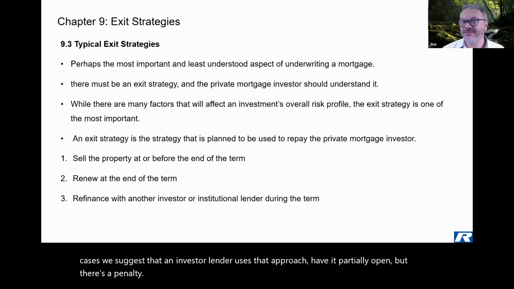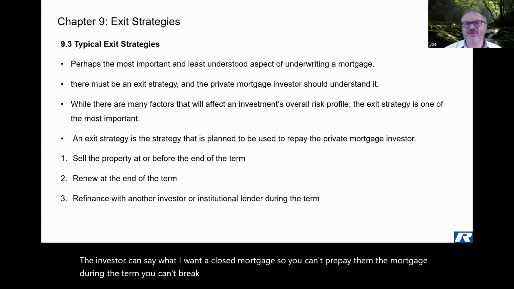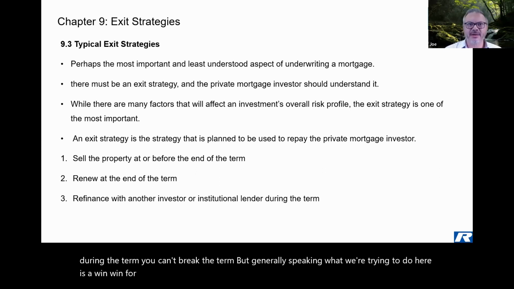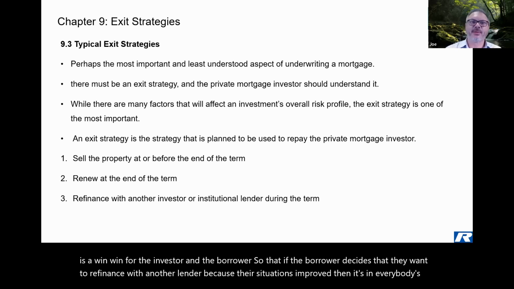The investor can say, you know what, I want a closed mortgage, so you can't prepay the mortgage during the term, you can't break the term. But generally speaking, what we're trying to do here is a win-win for the investor and the borrower, so that if the borrower decides that they want to refinance with another lender because their situation's improved, then it's in everybody's best interest that they're able to do that.